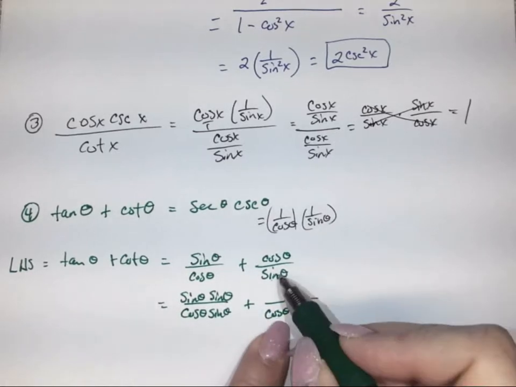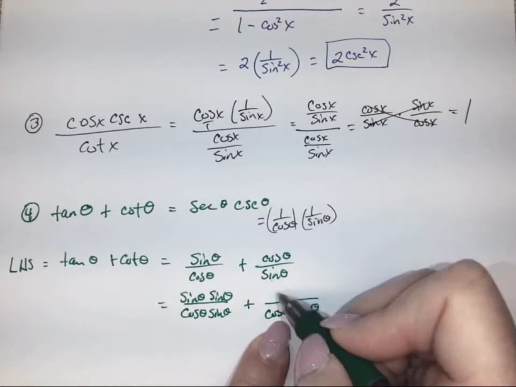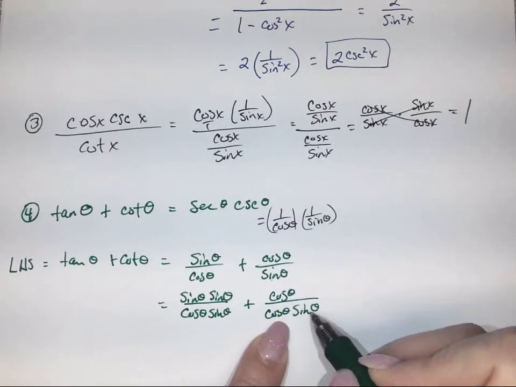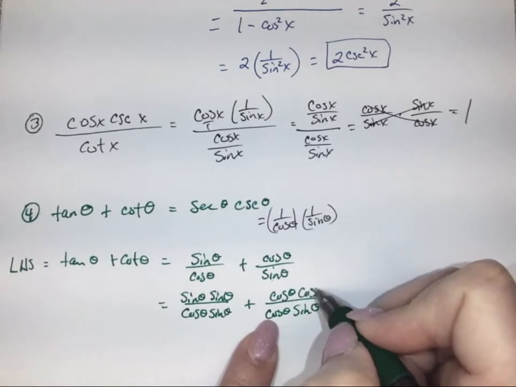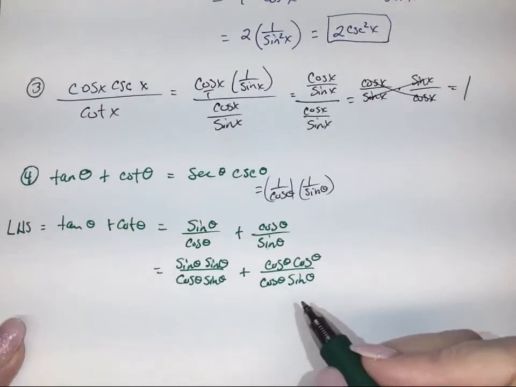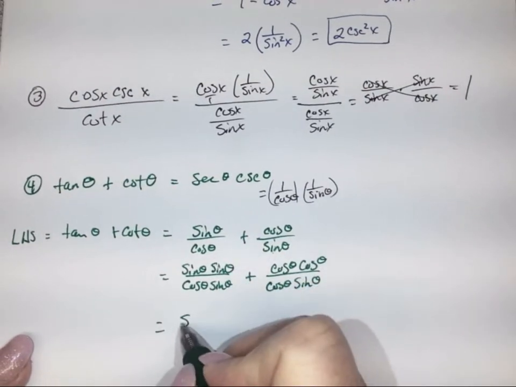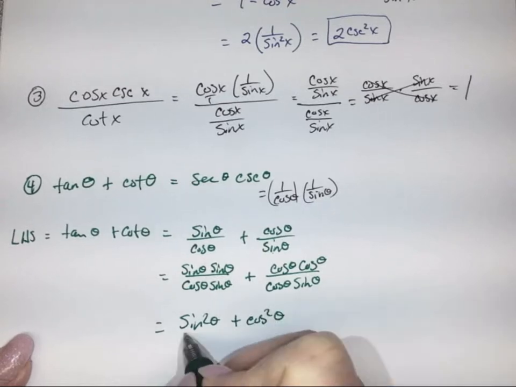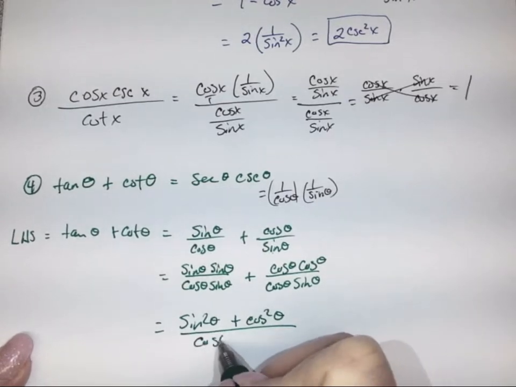Over here I had cosine on the top already, and I multiplied sine by cosine. So now I have sine squared theta plus cosine squared theta all over cosine theta sine theta.